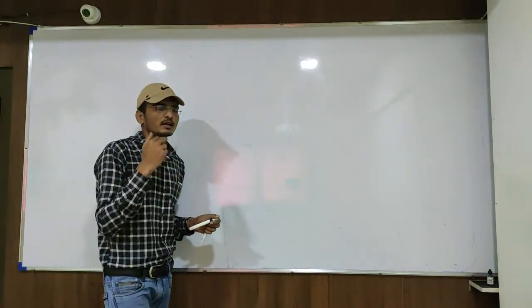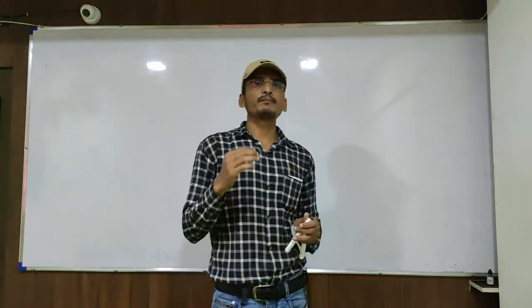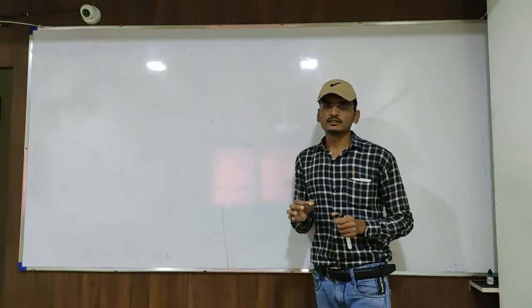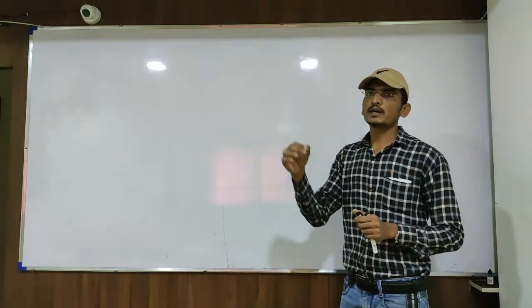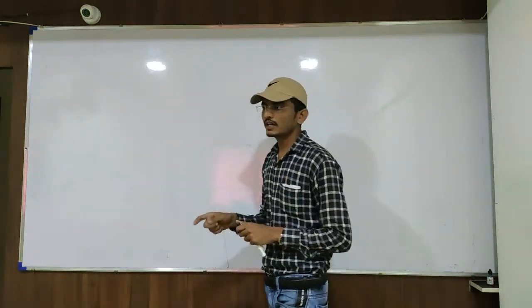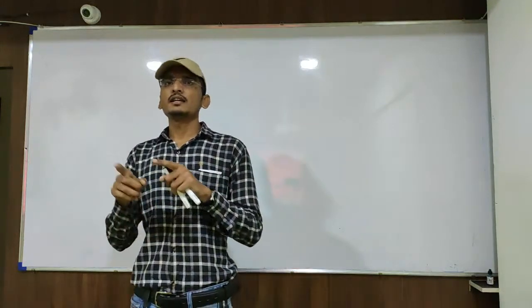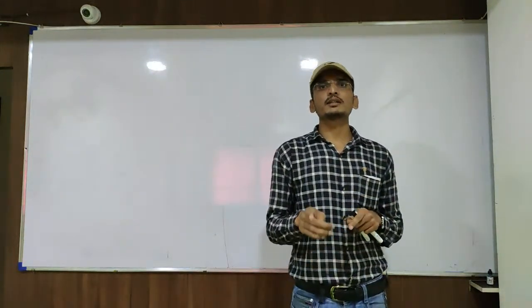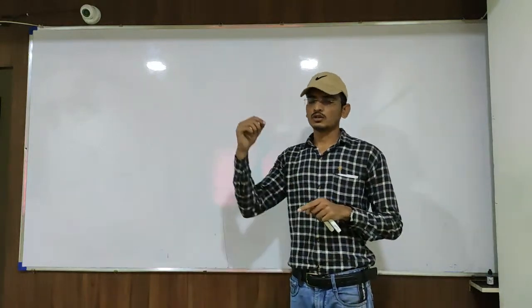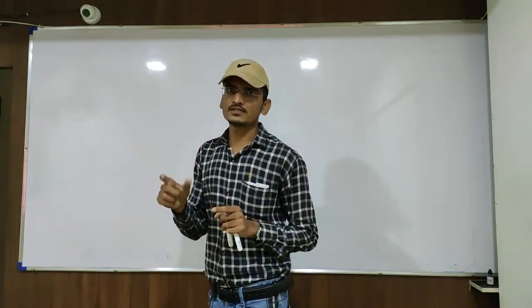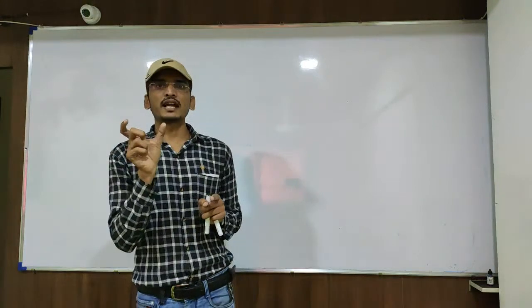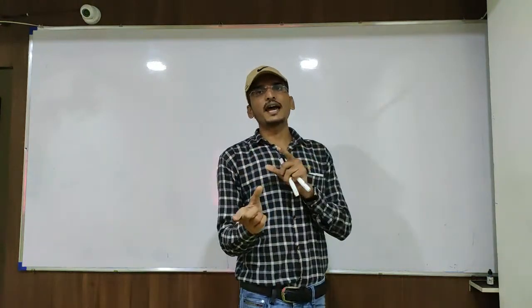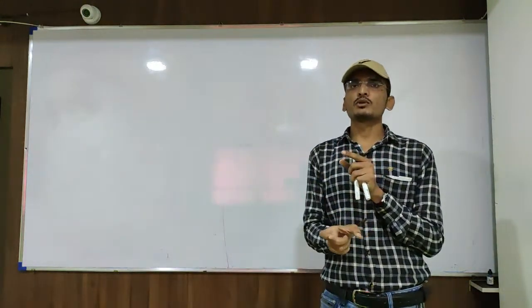Next, aryl halides are prepared from aniline by the Sandmeyer reaction. In that reaction, aniline reacts with the diazotizing mixture, that is NaNO2 plus HCl. So you will get the diazonium salt, benzene diazonium salt.